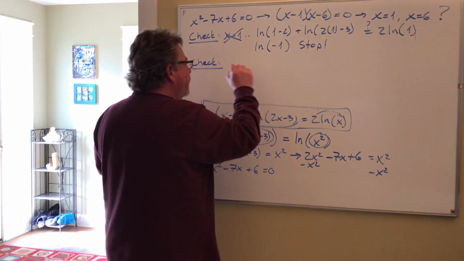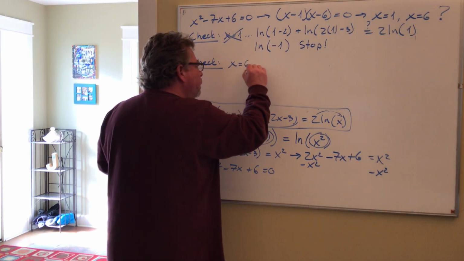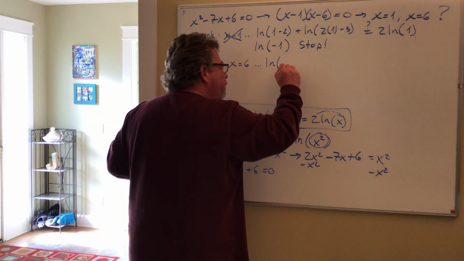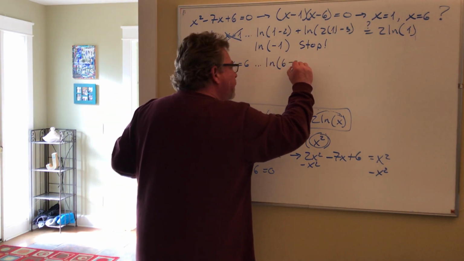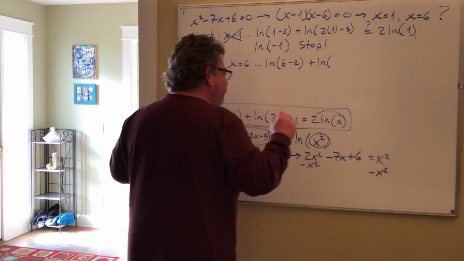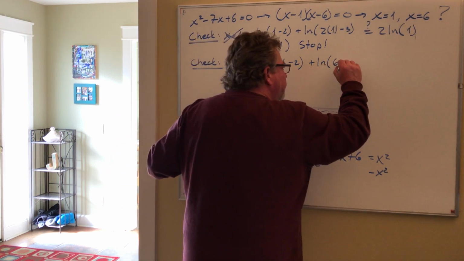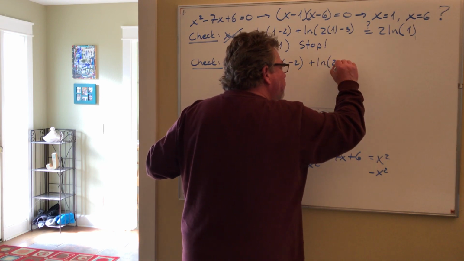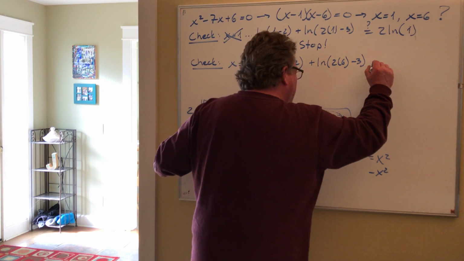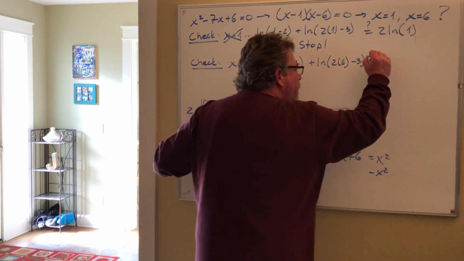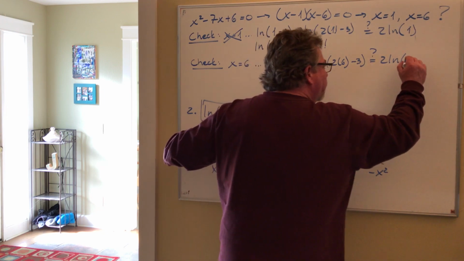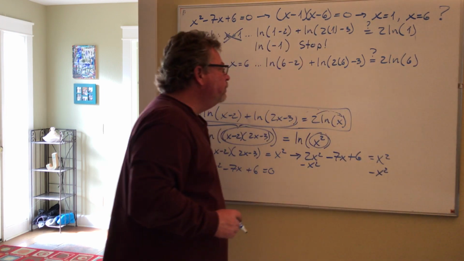The other one is x equals 6. And if I plug that into this original equation, I have the natural log of 6 minus 2 plus the natural log of 2 times 6 minus 3. And my question is, is this in fact equal to 2 times the natural log of 6?